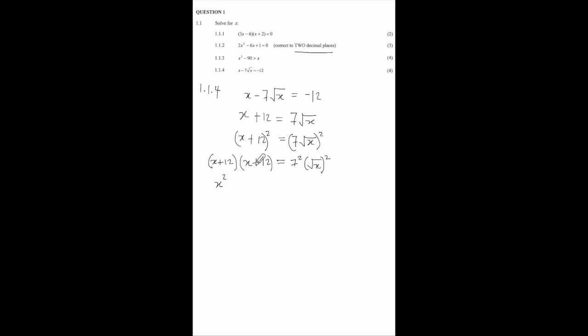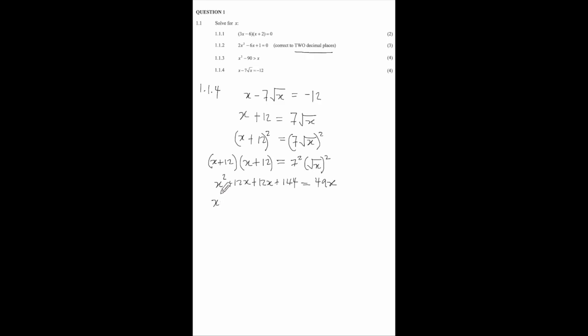Then x by 12 is plus 12x, and 12 by x is plus 12x. And then 12 by 12 is plus 144, equal to 7 squared, which is 49. And the square root of x squared basically is x, because if I square a square root, the square root disappears, if we could loosely say that.